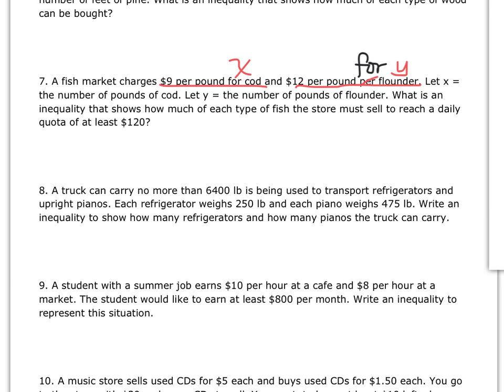So this is going to be our actual. So 9x will tell me how much money they made for all the cod they sold, right? And I'm going to say plus 12y will tell me how much they made from all of the flounder, right?